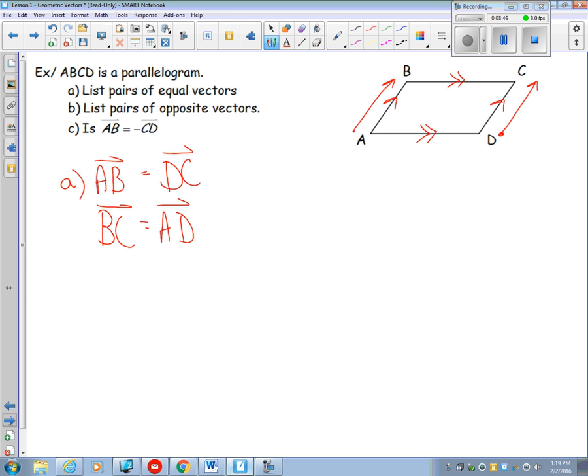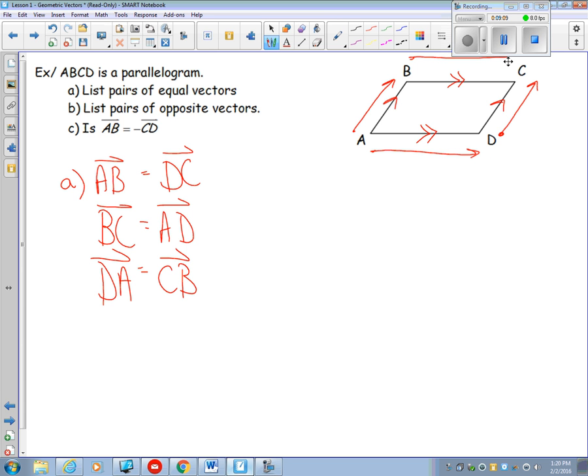That would work. From here to here is the same as here to here. Those are the same directions. If I want to, I could list a couple more. Let's do this backwards. DA is the same as CB. Those would be equal vectors, right? So the exact same length and the exact same directions.